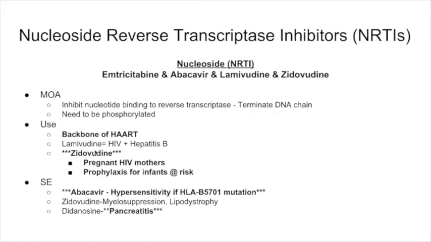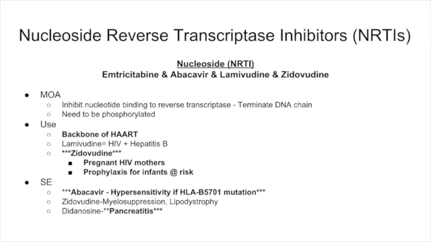Side effects for NRTIs are also important. Abacavir has a very, very specific side effect, and for that reason, test examiners love to test abacavir. So abacavir can cause hypersensitivity in patients that have this specific mutation, HLA B5701.